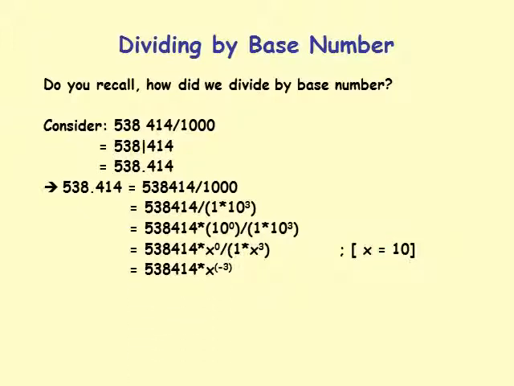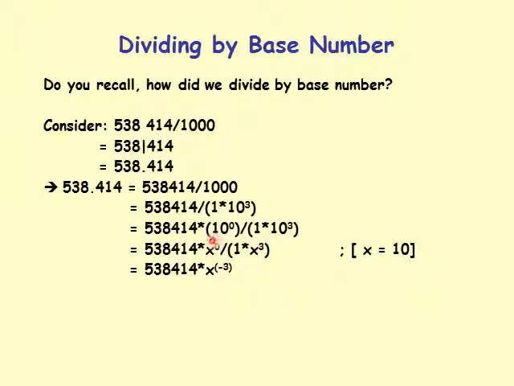Let's continue here. So we did say that we're going to divide the coefficients, as in the algebra video. 538414 divided by 1, which is 538414, and we subtracted the flag values. Flag in the numerator is 0 and flag in the denominator is 3.